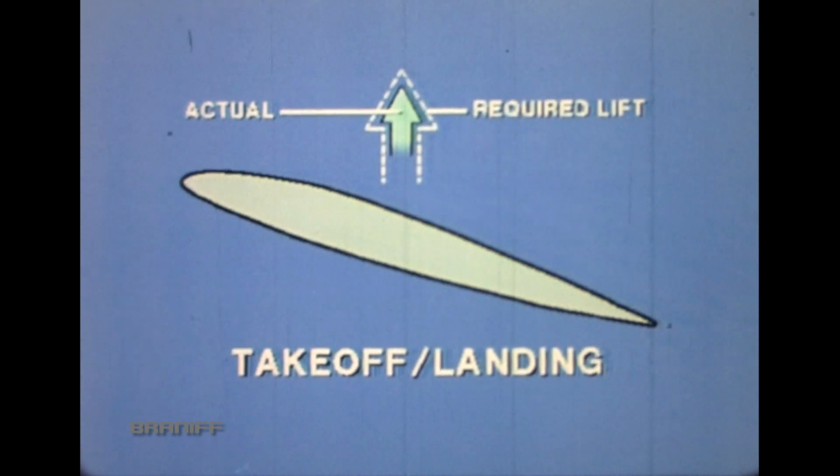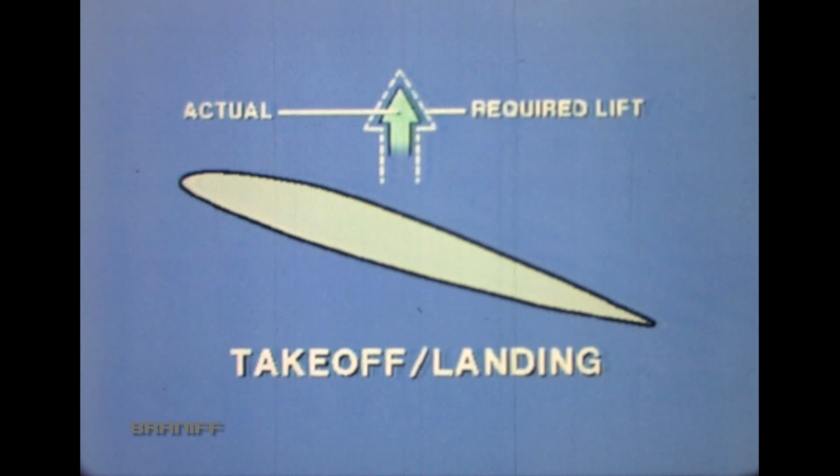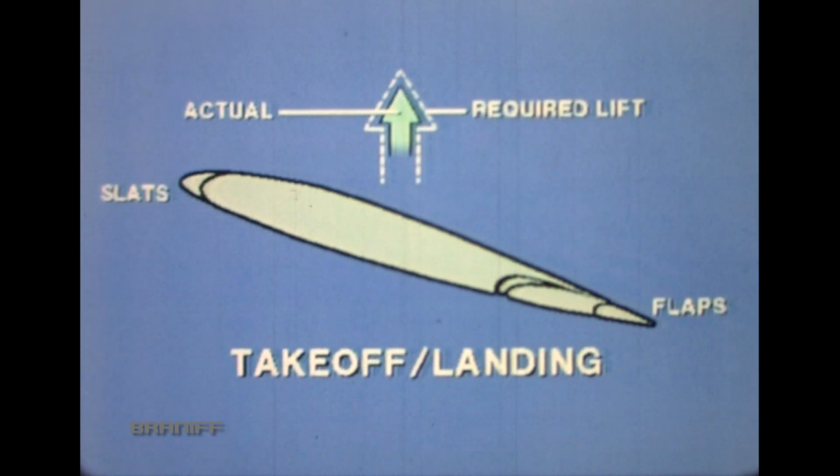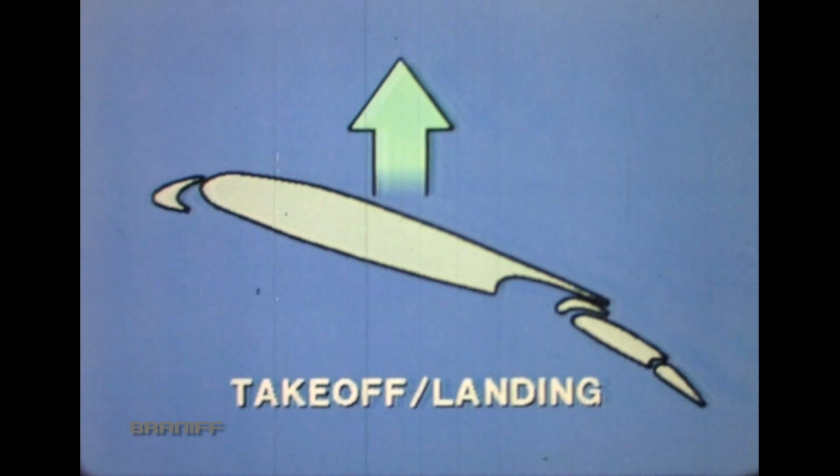To fly at the low airspeeds required for takeoff and landing, the wing must often produce more lift than is available just from increasing the angle of attack. This is accomplished by adding high lift devices, such as leading-edge slats and trailing-edge flaps to the wing, which are extended for takeoff and landing.